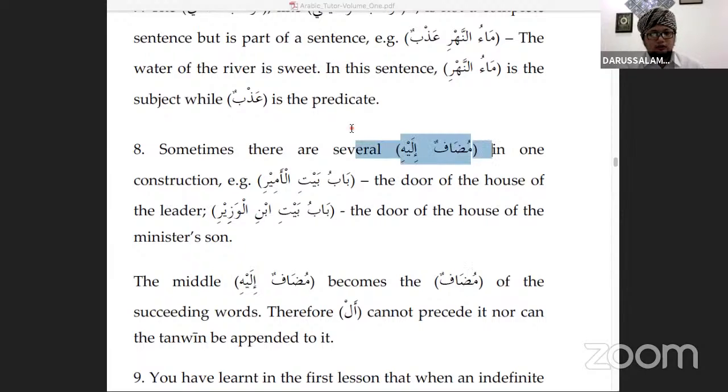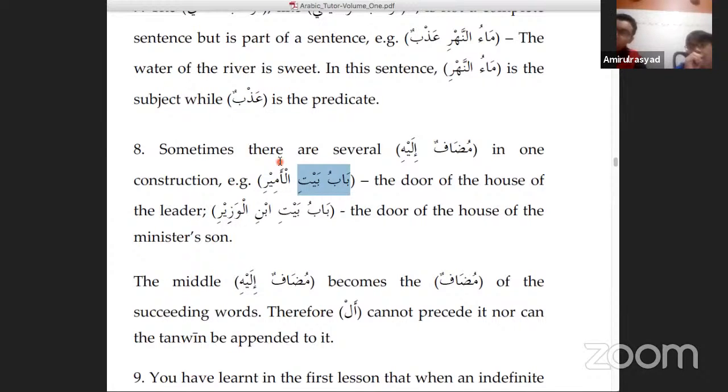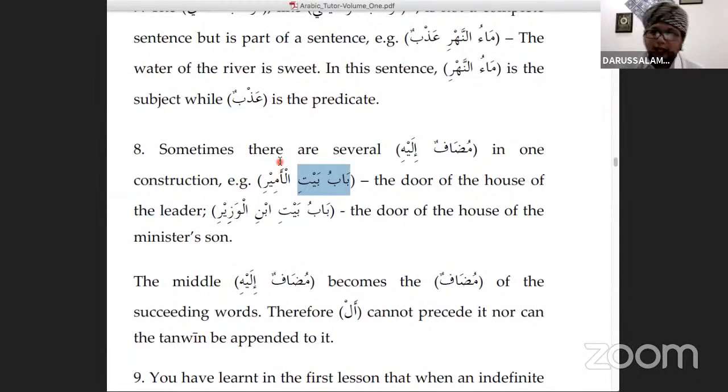So you can have, for example, not only babul baiti. Try translate that first. If you say babul baiti, the doors, of the house. The door of the house. Understand?